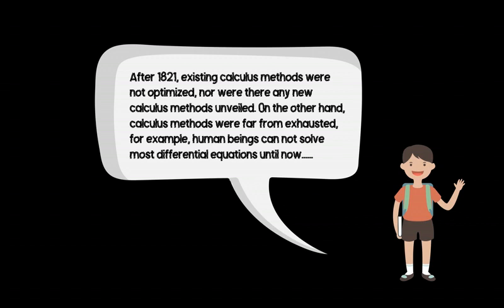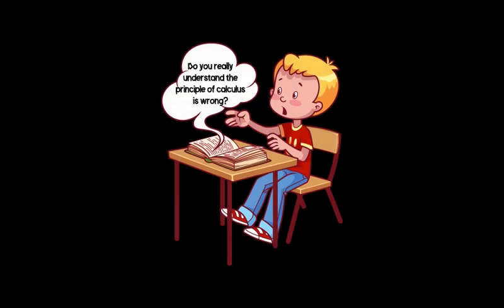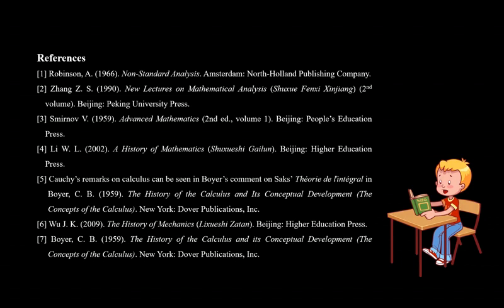On the other hand, calculus methods were far from exhaustive. For example, human beings cannot solve most differential equations until now. Speaking of which, friend, do you really understand that the principle of calculus is wrong? All the information is listed here, and can be accessed by interested readers.